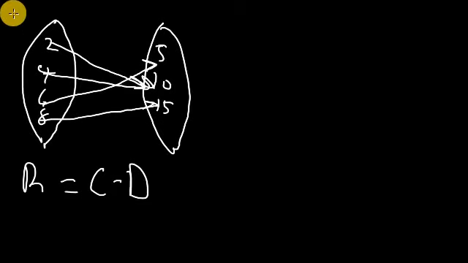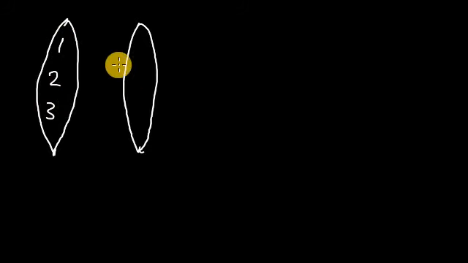So therefore, let me get rid of this. This will be bijective if every element in the domain is at least an input value in the codomain. Let me just write this 1, 2, 3. Then I have 3, 4, 5, 6.